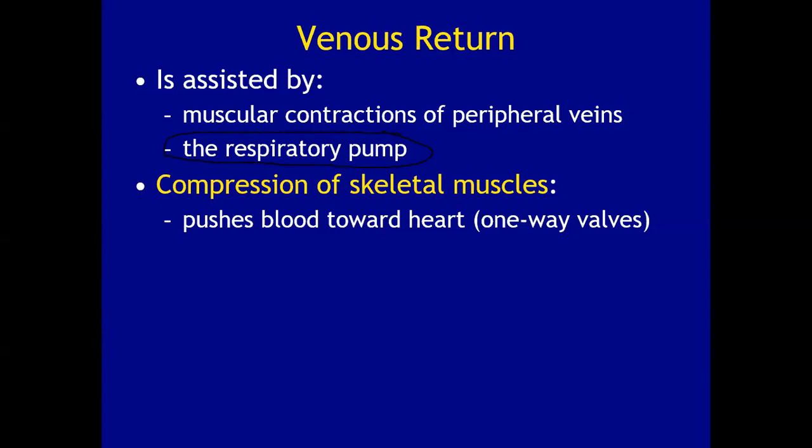And then if we get up and we move around, we talked about compression of skeletal muscles. Remember that the venous side has those one-way valves, and it's going to squeeze on the vessel if we're doing muscle contractions. That's what those wraps that they put on our legs and pump up are for, if you're in the hospital, laying in the hospital.